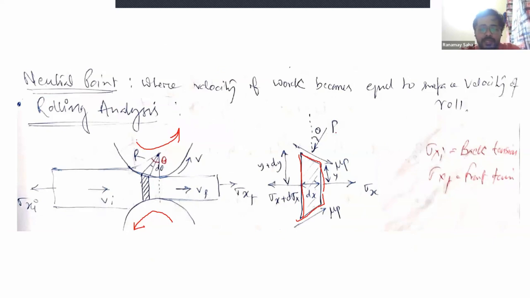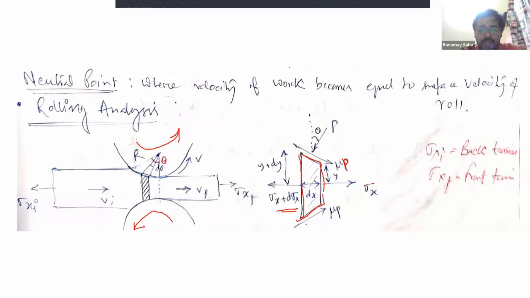The normal force P acts on its surface, and tangential to that, we have the frictional force mu P. Now let us suppose that on the right side you have a stress component along the x direction, sigma x, and there is a differential increment in that component on the left side, which is sigma x plus d sigma x. The friction force should act similarly on both sides.